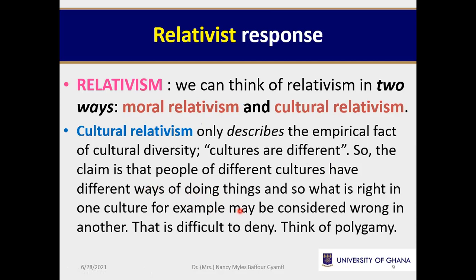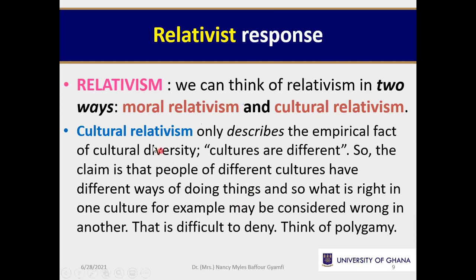I give an example. You can't deny this empirical fact of cultural relativism. Think of polygamy. In one culture, it is even something to applaud people for. Why? Because they are taking care of other people by marrying them. The women don't have husbands. So polygamy is applauded in some contexts. In another context, it is frowned upon, maybe religious, maybe societal.